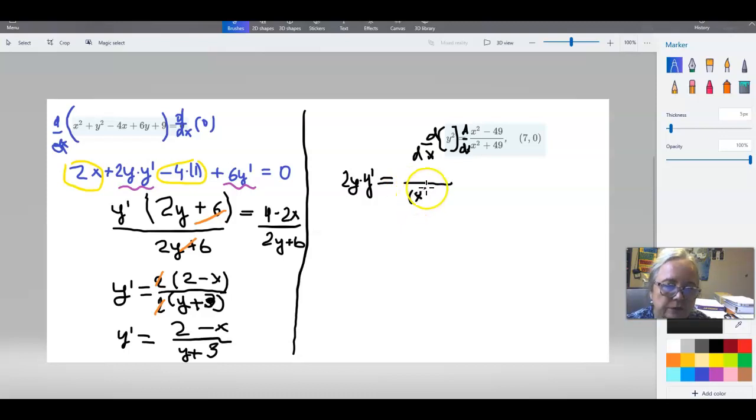So on this side, I use the quotient rule. So I square the denominator, like so, and I find the derivative of x squared minus 49. It will be just 2x, because 49 is a constant, multiplied by the denominator, x squared plus 49.